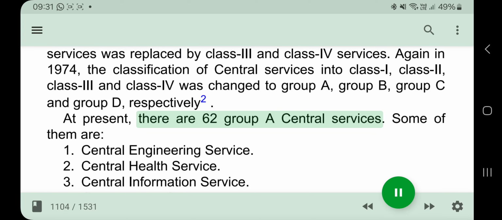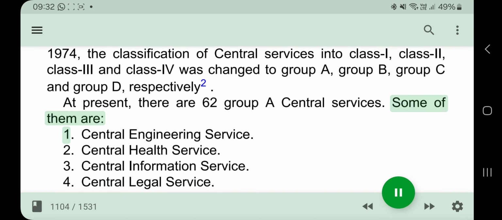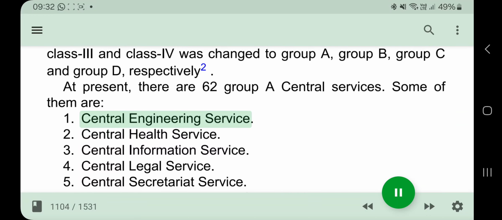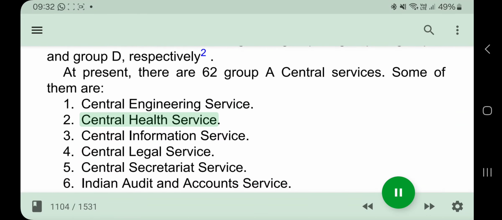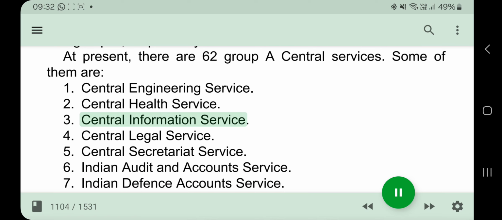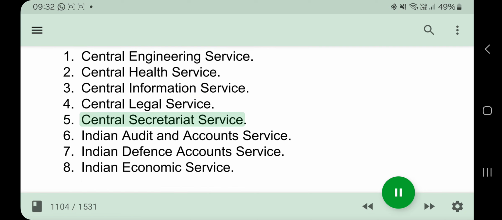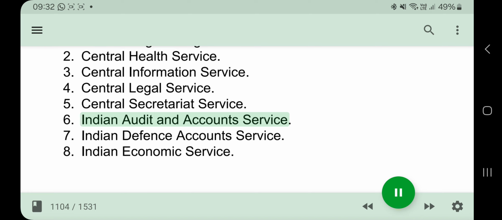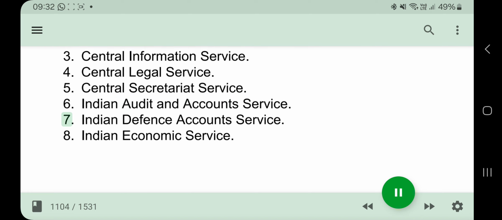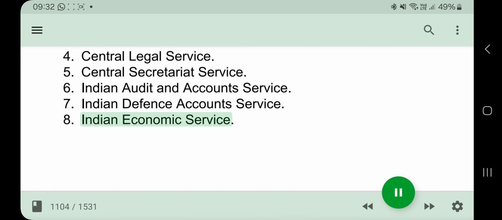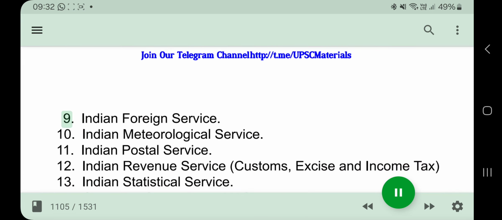At present, there are 62 Group A central services. Some of them are: 1. Central Engineering Service, 2. Central Health Service, 3. Central Information Service, 4. Central Legal Service, 5. Central Secretariat Service, 6. Indian Audit and Accounts Service, 7. Indian Defence Accounts Service, 8. Indian Economic Service, 9.